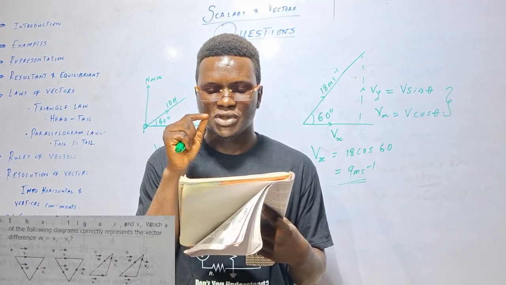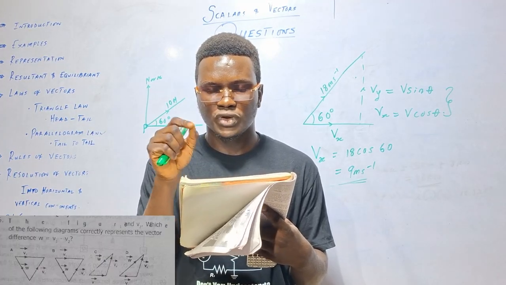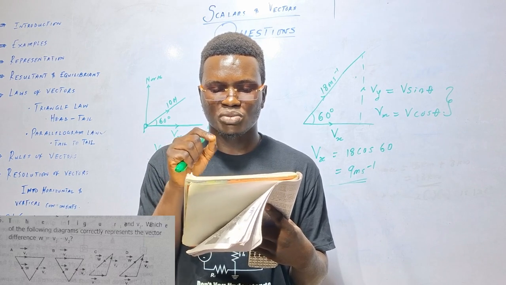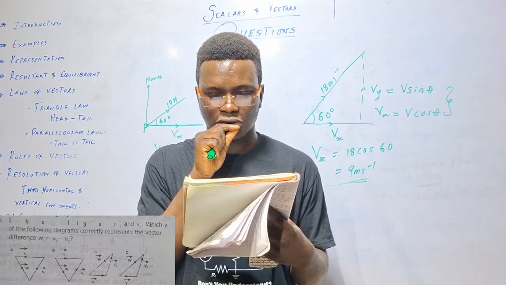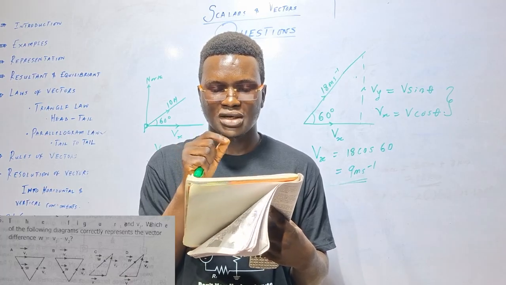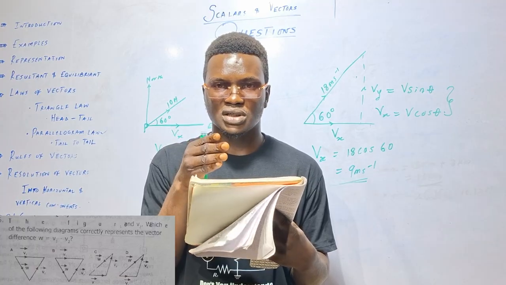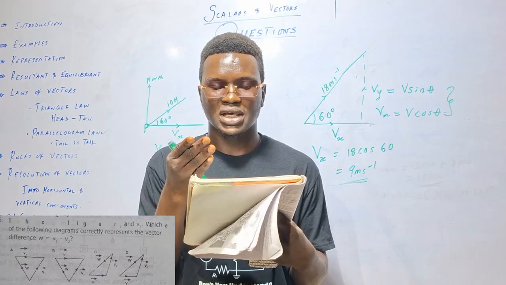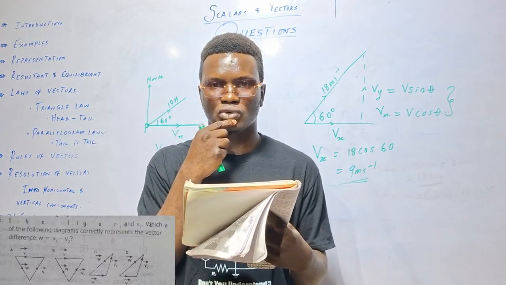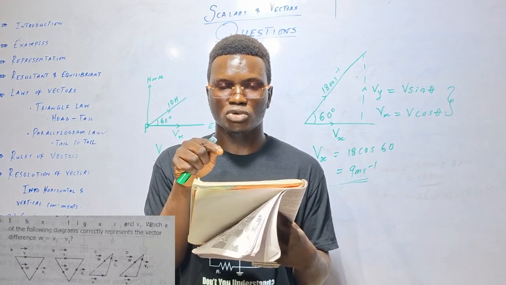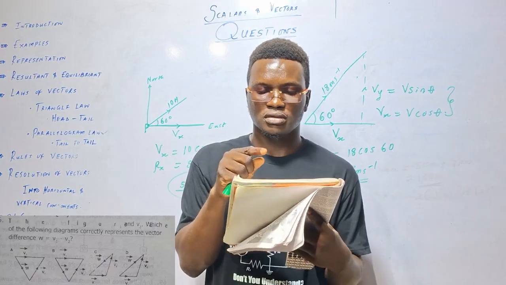What do you think? That means V1 is going to be W plus V2. So W and V2 should be moving in the same direction. Do you agree to that? V1 is going to be the resultant, so W and V2 are moving in the same direction, and then you flip V2 because V2 is negative.